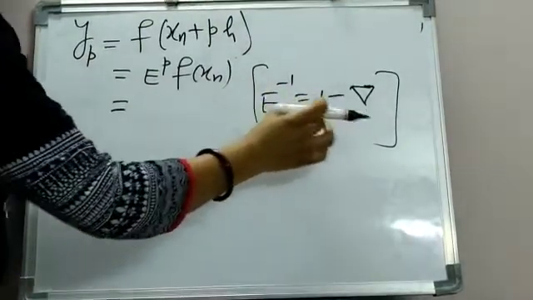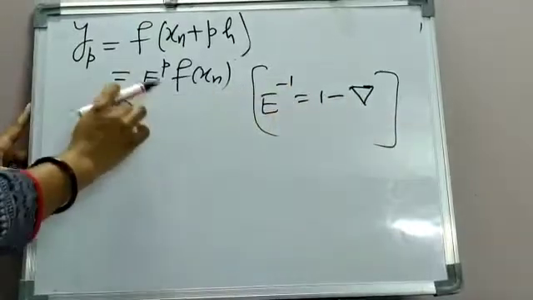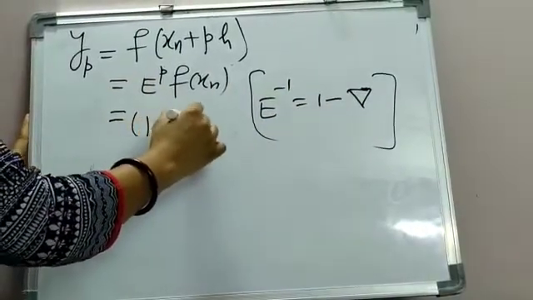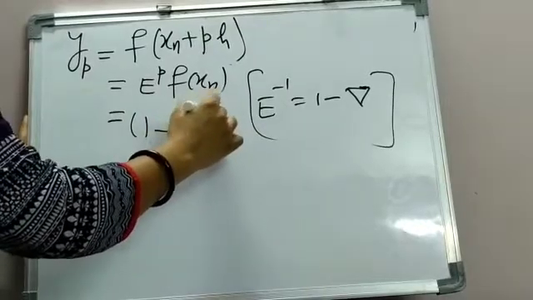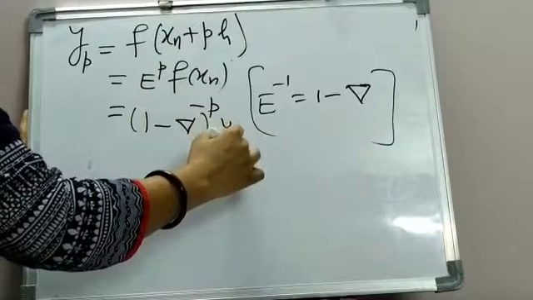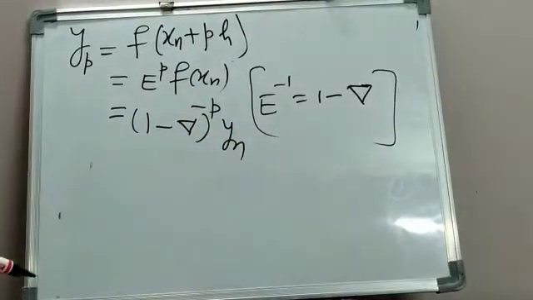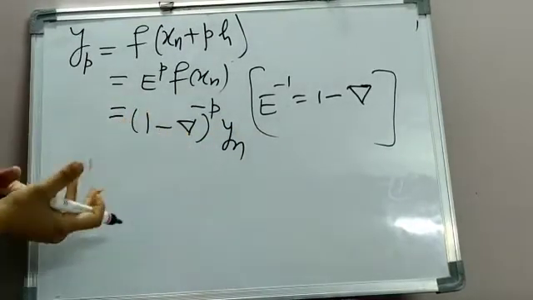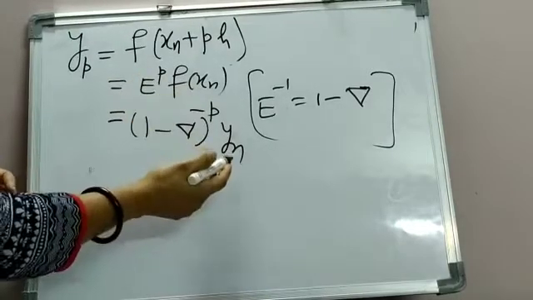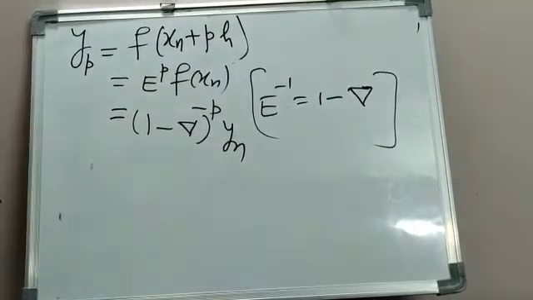Applying this formula here, this can be written as (1 minus nabla) to the power of minus p, and this f(xn) can be written as yn. You can carry forward with f(xn) also, there is no problem with that, but in terms of this notation it can also be written.